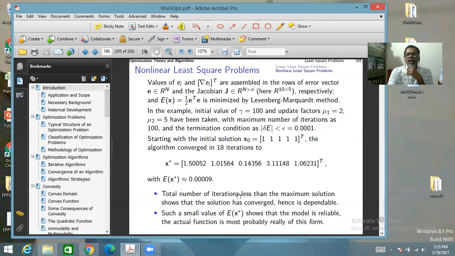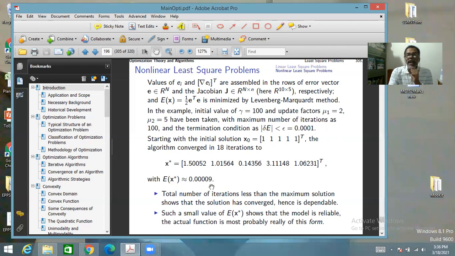One, the total number of iterations is only 18, though 100 was allowed. That means it did have a natural termination, post-convergence termination. If it were 101, or 100 for that matter, then we would say that perhaps it has not converged and the thing is thrown out.